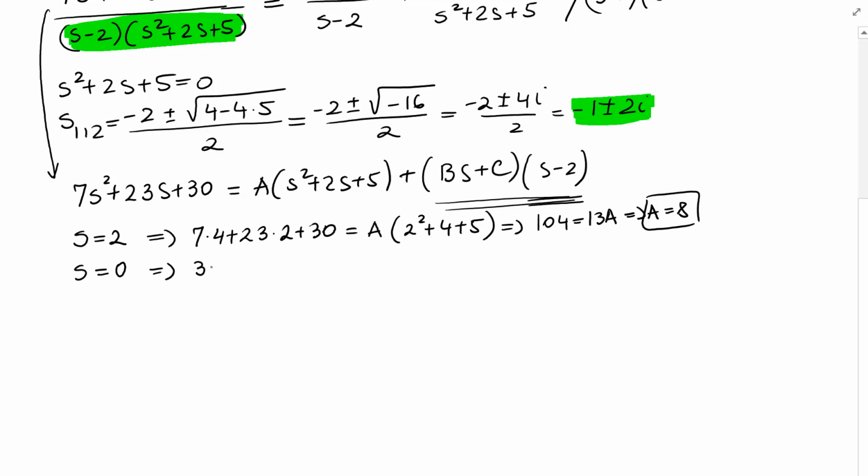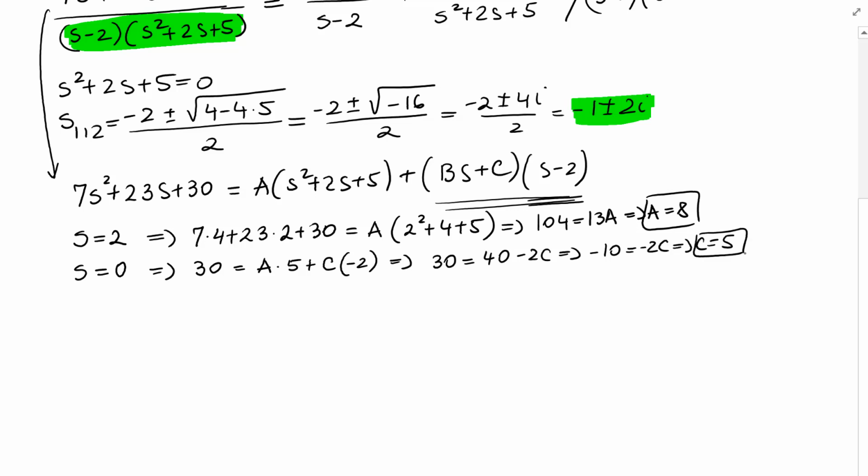The left hand side is going to be 30, the right hand side is going to be a times 5 plus c times negative 2. So we get 30 equals, we already know a is 8, 40 minus 2c, so negative 10 equals negative 2c, c equals 5, and we found one more letter.